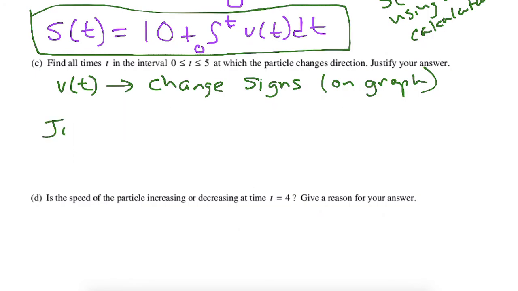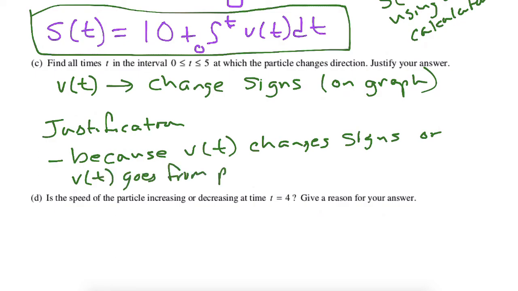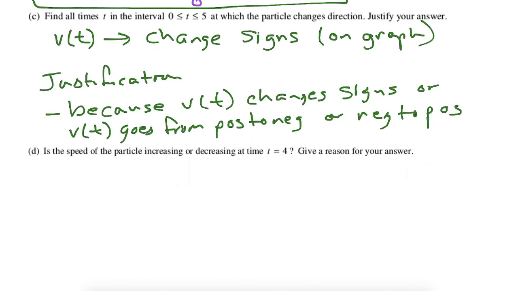Our justification would be something like: changes direction because v of t changes signs, or v of t goes from positive to negative, or negative to positive, depending on the context. But you need to have some sort of a graph. Again, without a graphing calculator it's a pretty difficult thing to do, but you wouldn't be asked to do it on the AP exam this year.